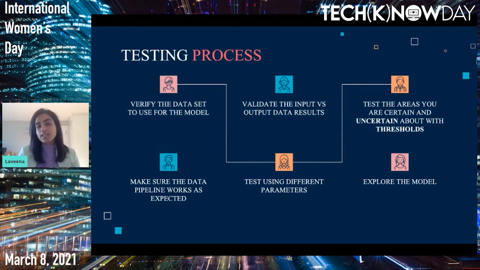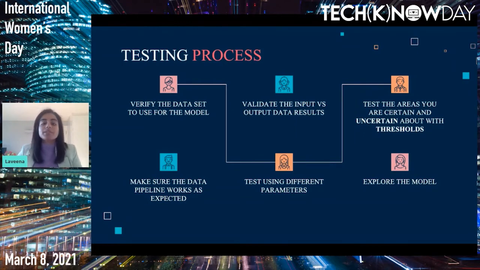Test the areas you're certain about. 100% this column will match as it is in the input, it will match in the output. But also test around uncertain areas with thresholds. So this parameter is a bit stochastic, so I need to make sure it's within my thresholds. Make sure the data pipeline works as expected. So make sure no data is dropped or duplicates exist.